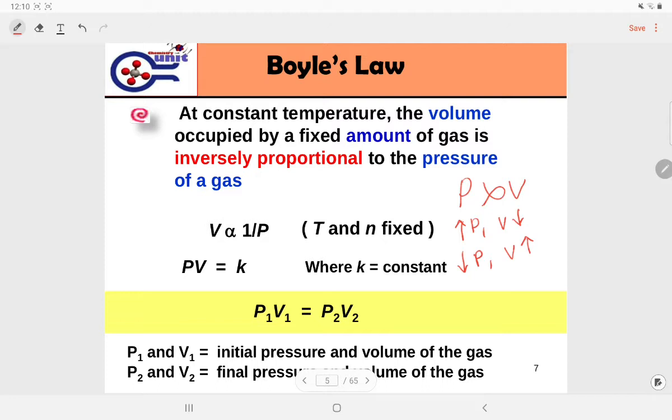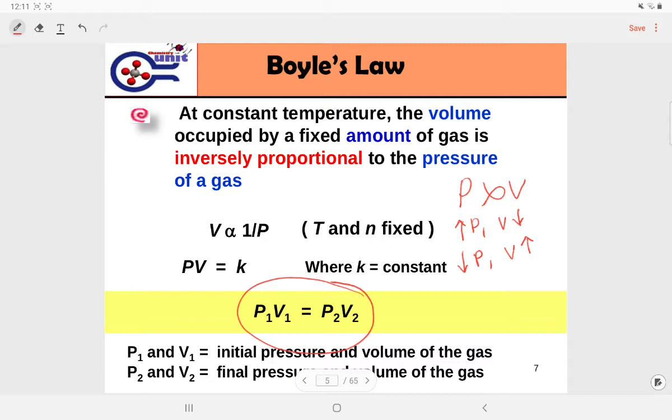So the formula that we're going to use for Boyle's law is P1 V1 equals P2 V2. To use this Boyle's law formula, you don't need to make sure P and V are in SI units, whereas to use the ideal gas equation later on, we need to make sure pressure is in atm and volume is in liters.